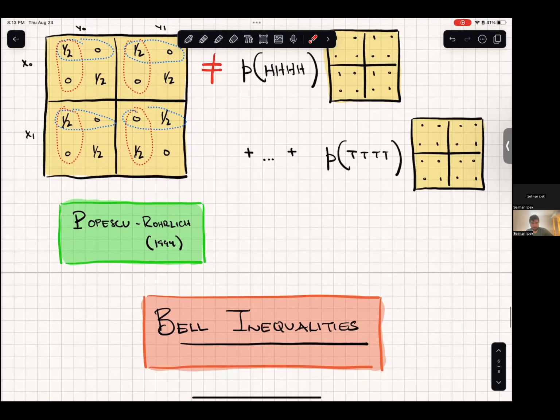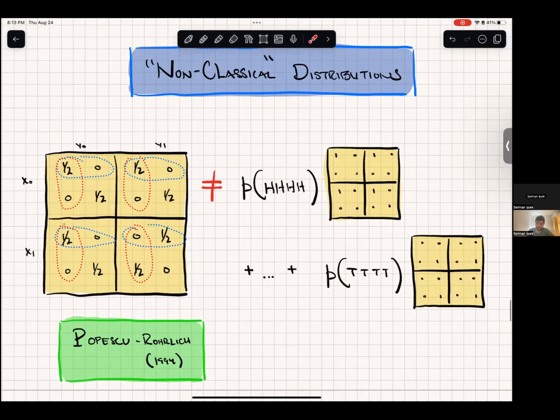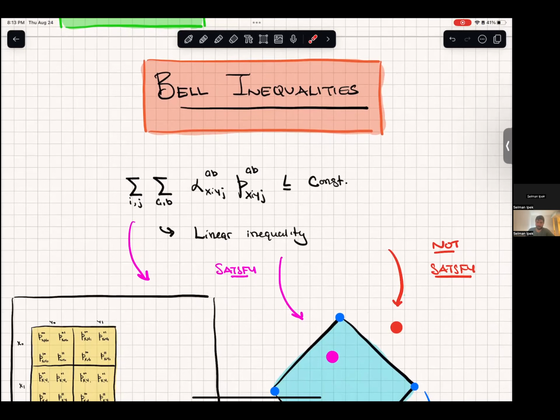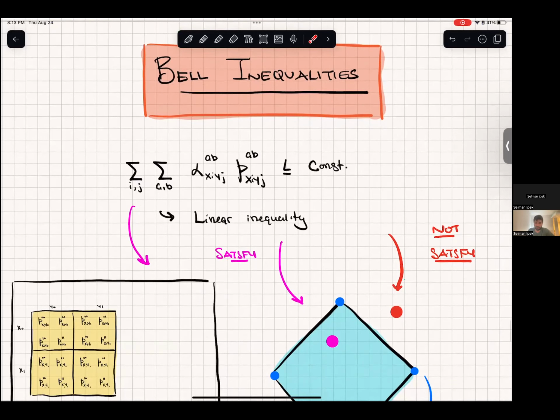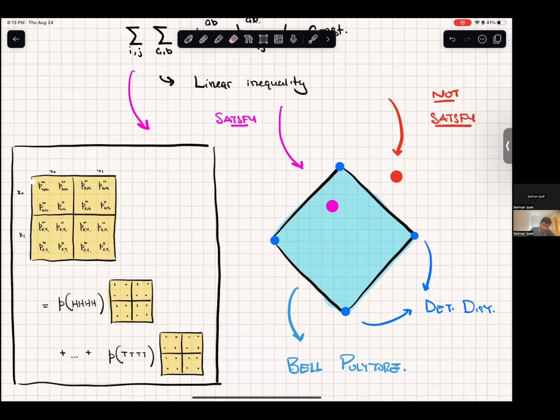So now that we're talking about something being classical or non-classical, we can talk about Bell inequalities. Well, what are Bell inequalities in a sense? Bell inequalities are just a certificate of classicality. If you satisfy all the Bell inequalities, it means that you can write that.